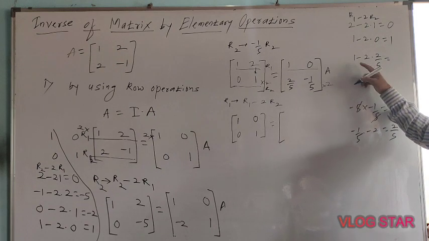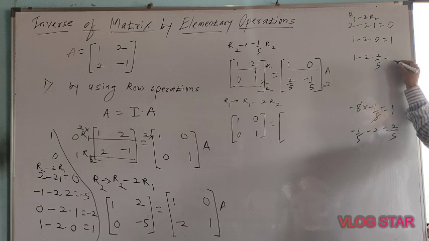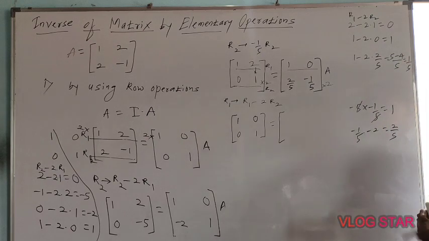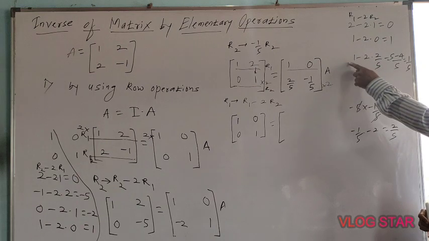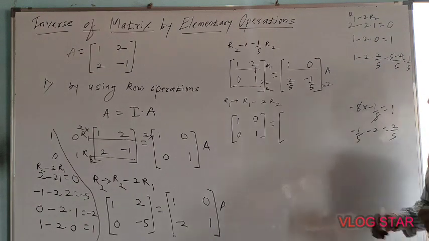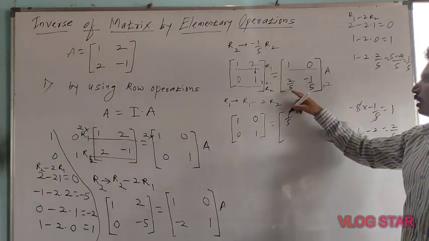It's 1 minus 4 by 5. 5 is the LCM, 5 into 1 is 5, 5 minus 4 is 1 by 5. So here comes 1 by 5, R1 minus 2 into R2.